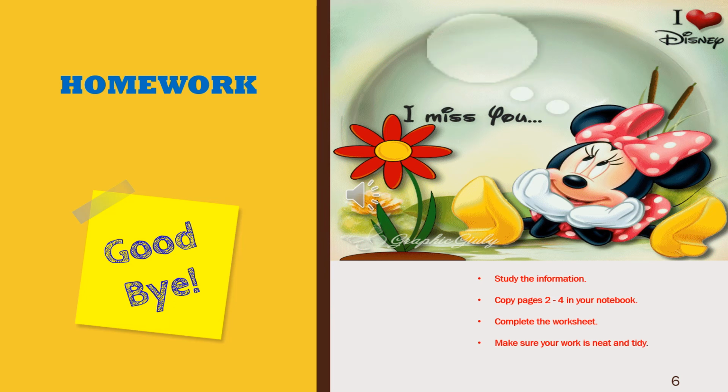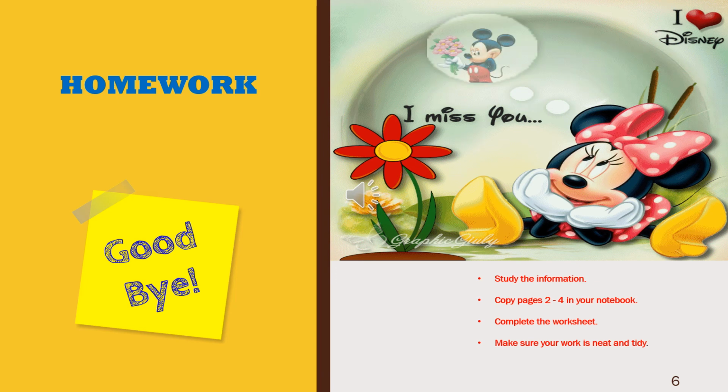Today we talked about 2 titles. The first one was adverbs, and the second one was frequency adverbs. We say that adverbs answer 3 questions: how, when, and where. And we have the list of adverbs that we can use to answer these 3 questions.